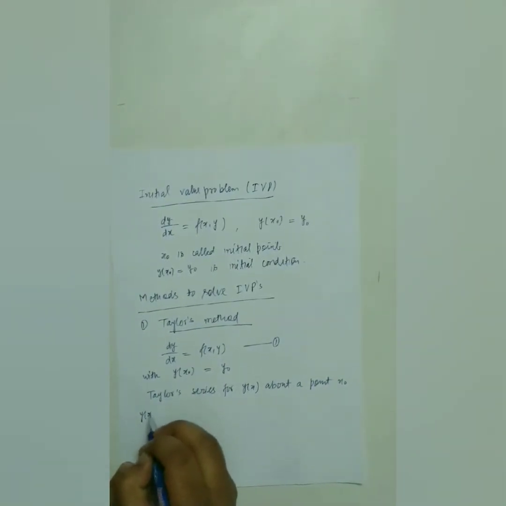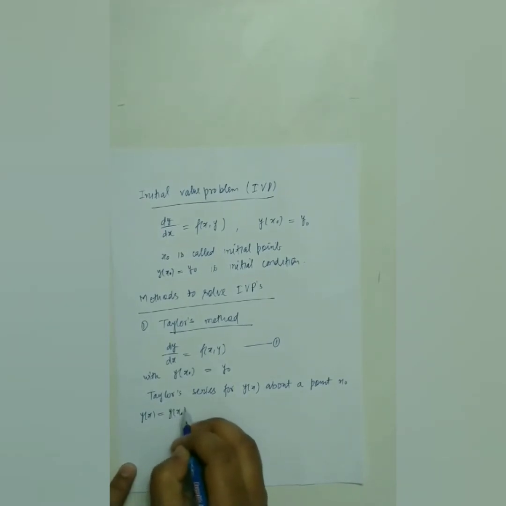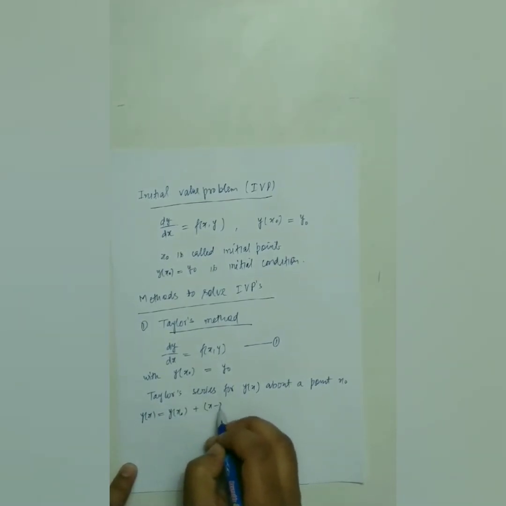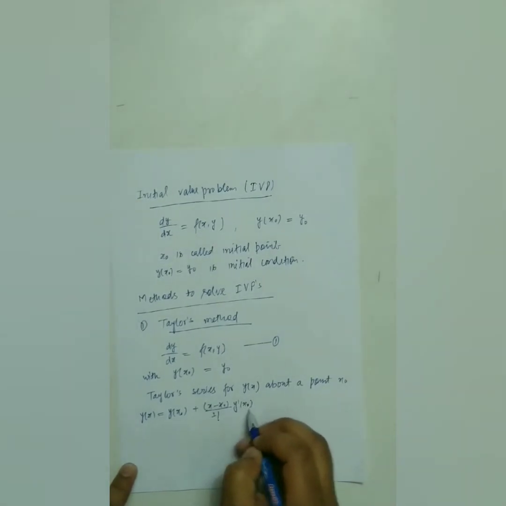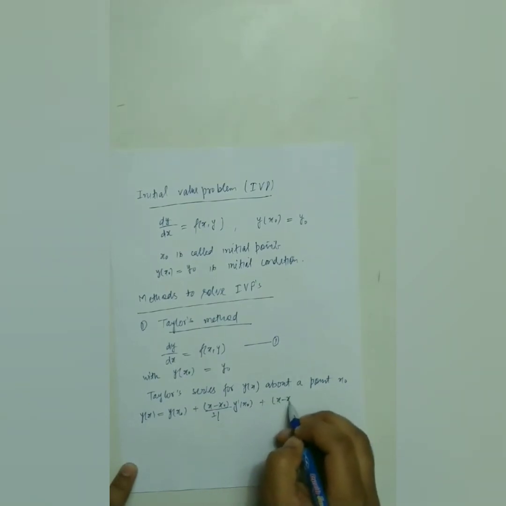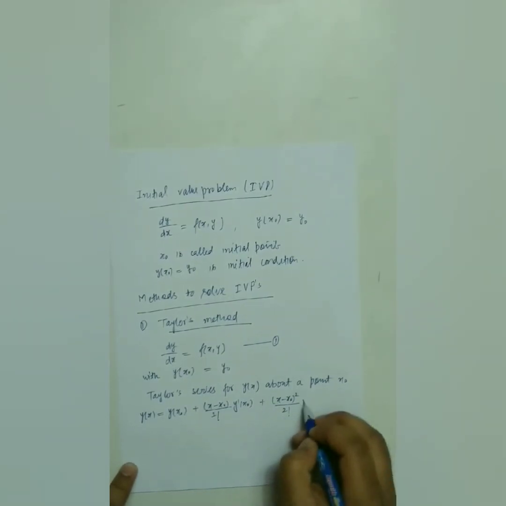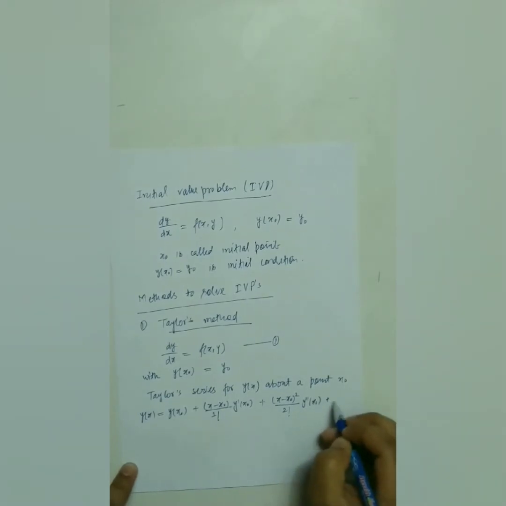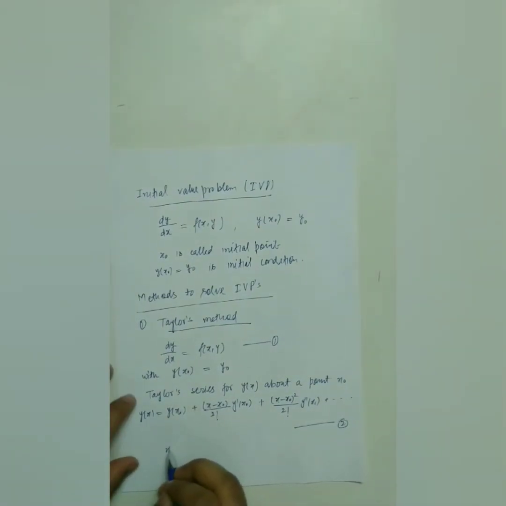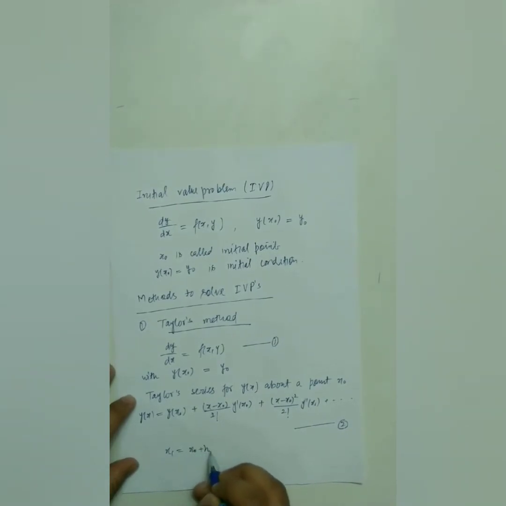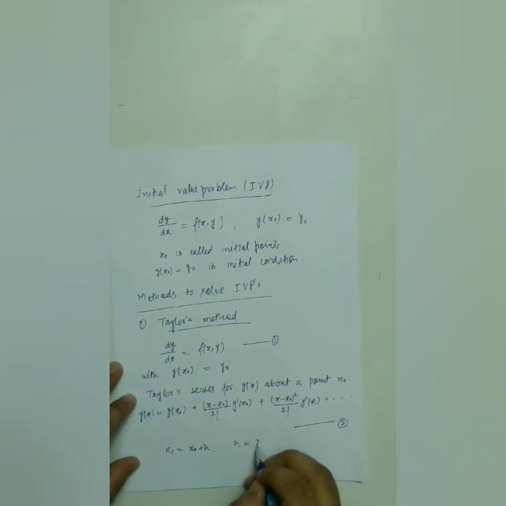So we have this Taylor series: y(x) = y(x0) + (x - x0)/1! y'(x0) + (x - x0)^2/2! y''(x0), and so on. Suppose this is equation number 2. Now we take a point x1 which is x0 + h. What is h here? h is the length of the interval. That is, we can write h = x1 - x0.